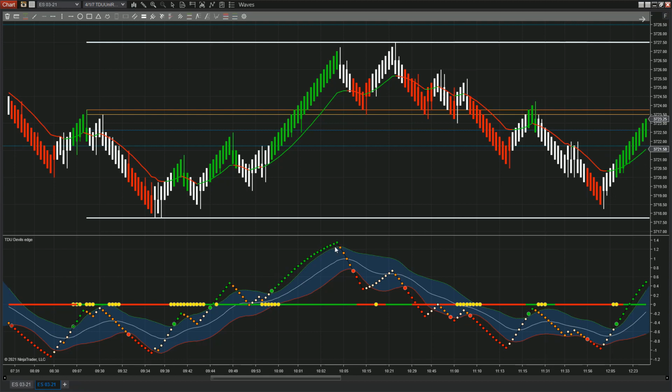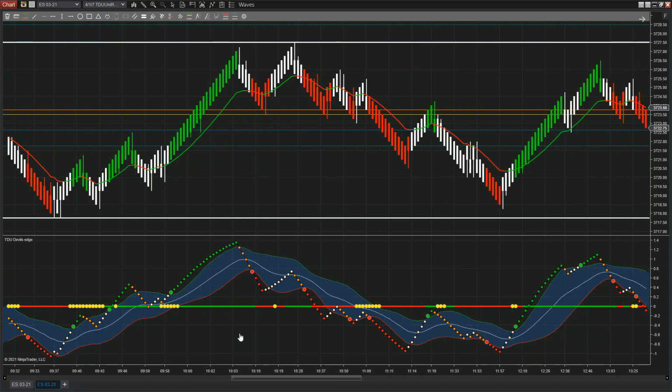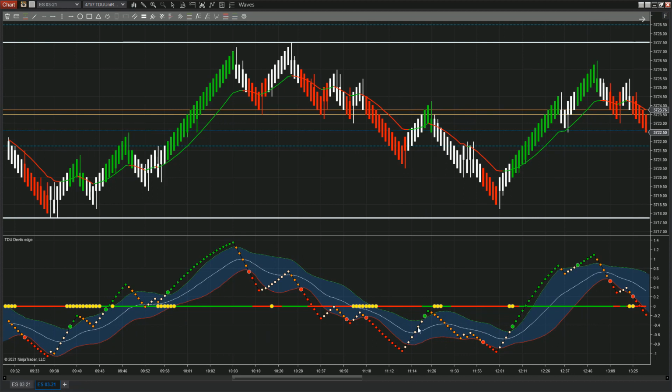It implies the potential for strength, right? Not guaranteed. As you can see here, it's very short-lived. You got a little bit of a pop from that. So it doesn't mean get long and just let it rip. It can mean that, here being a good example. So the longer you see the green bars, the longer you know that you're outside of the Bollinger Bands, and once we turn white, then we're back in the river. Okay, so you have that happening here as we look at the combination of how the bars are being colored and the movement of the indicator itself.